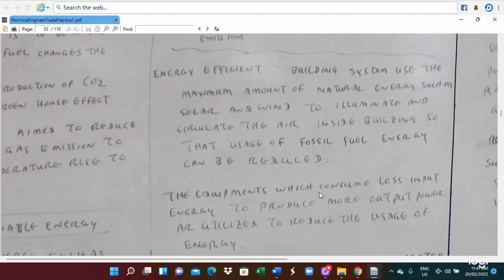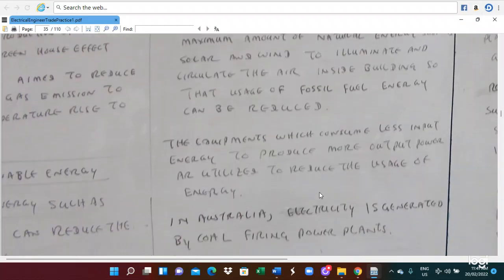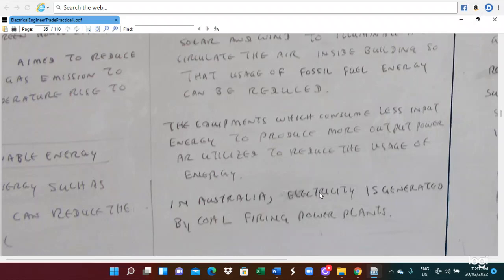Equipment which consumes less input energy is preferred. So we are replacing equipment with less energy usage. Take electricity in Australia: electricity is generated by coal-fired power plants. The more electricity you use, the more coal is fired and the more pollution can happen. Therefore, energy reduction is also an important aspect.